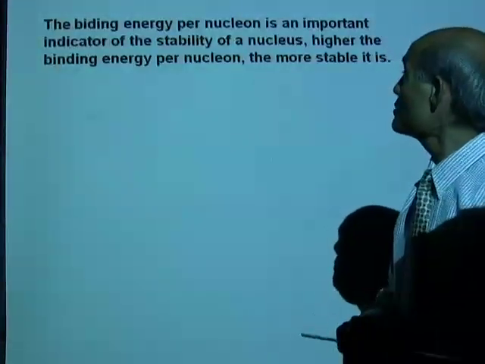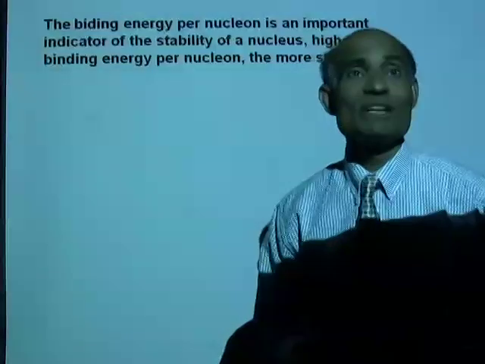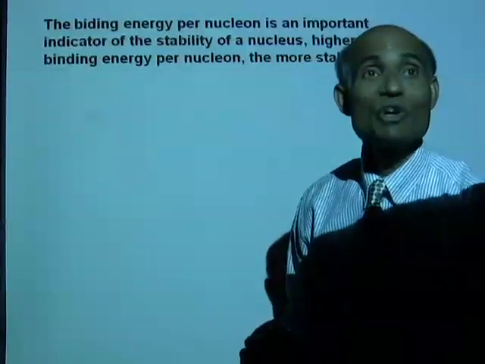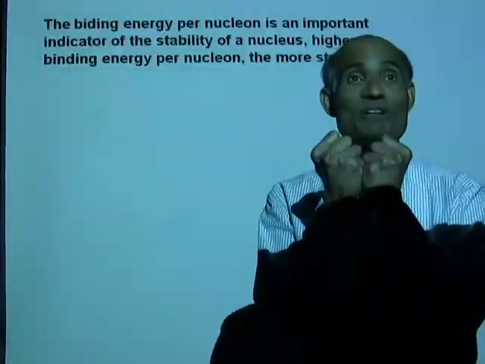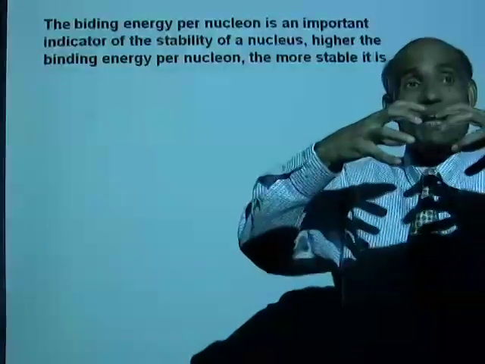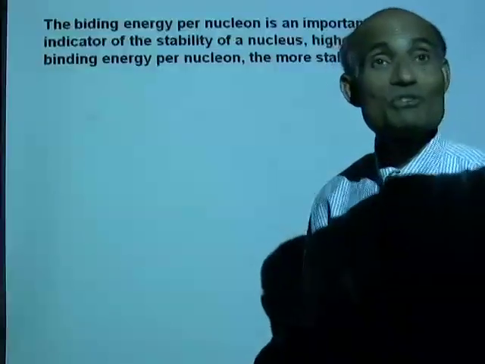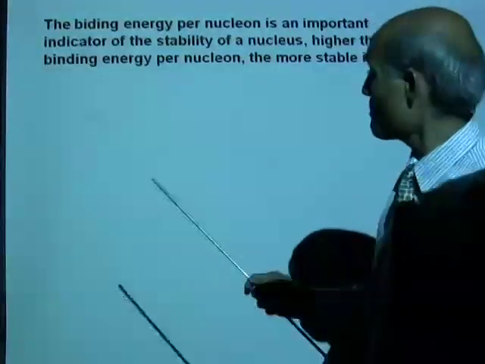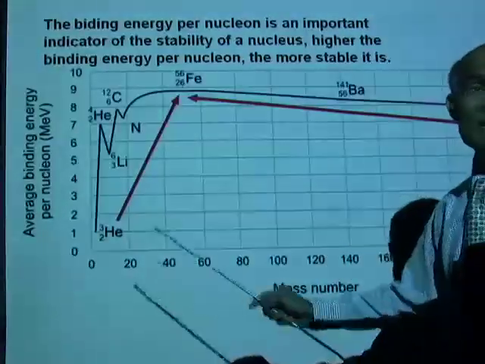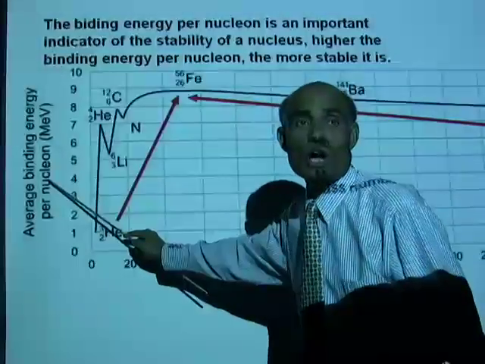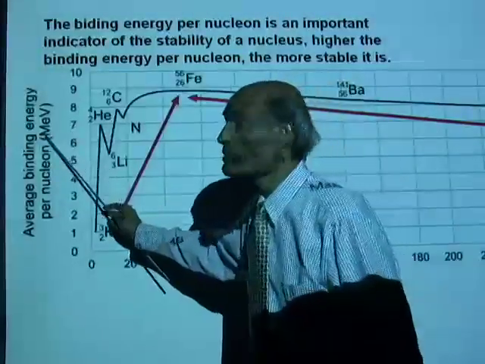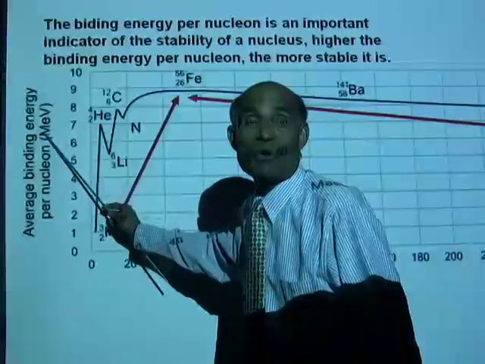Now, the binding energy per nucleon is an important indicator of the stability of the nucleus. The higher the binding energy per nucleon, the more stable that particular nucleus is. Here I have a picture of binding energy per nucleon, given in millions of electron volts.